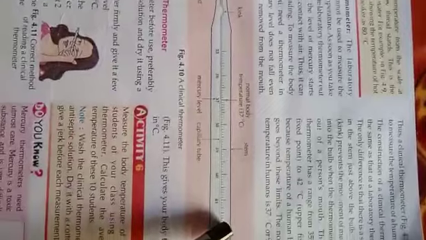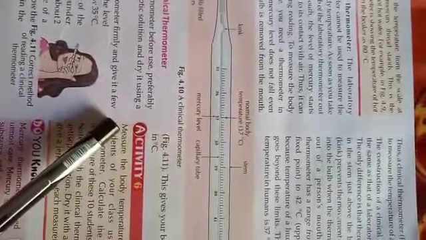This level, 35 to 42, is called the mercury level, and the overall outermost portion is called the stem. This point shows the normal body temperature, 37 degrees Celsius. I hope you understood the picture of the clinical thermometer.